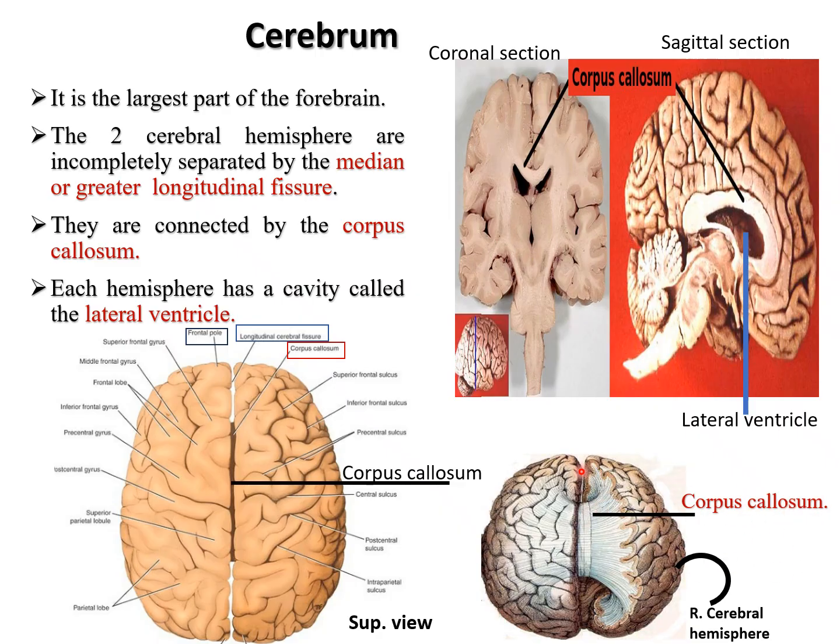Corpus callosum here. If you cut the cerebrum here at the corpus callosum, you get this section, which is a sagittal section, and you can find the corpus callosum here.